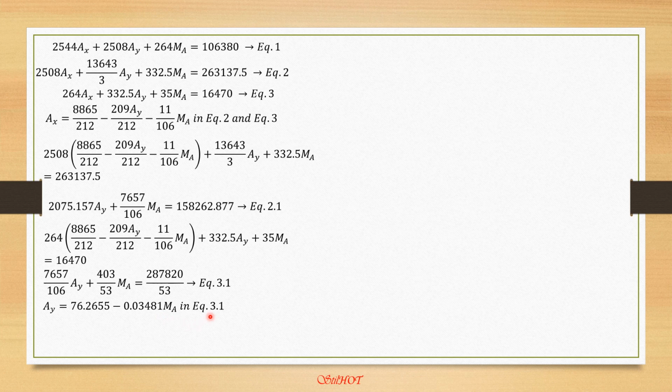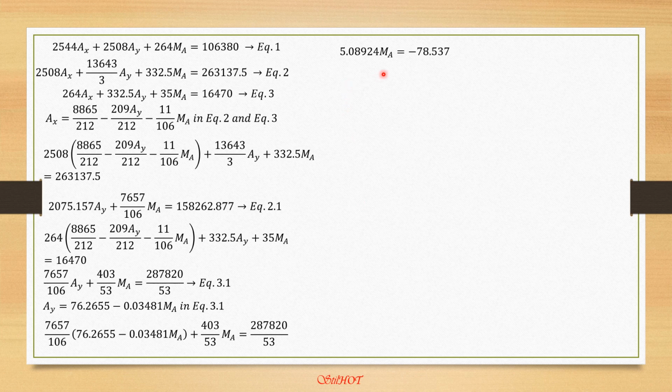Then we substitute this into equation 3.1. So 7657 over 106 times quantity 76.2655 minus 0.03481 MA plus 403 over 53 MA equals 287820 over 53. So let's combine the value of MA: 7657 over 106 times negative 0.03481 MA plus 403 over 53 MA. That would be 5.08924 MA.